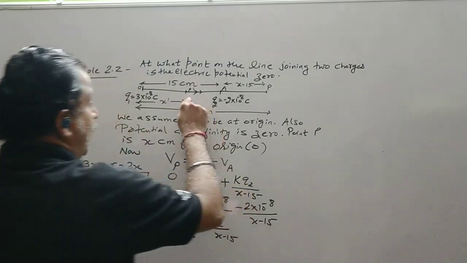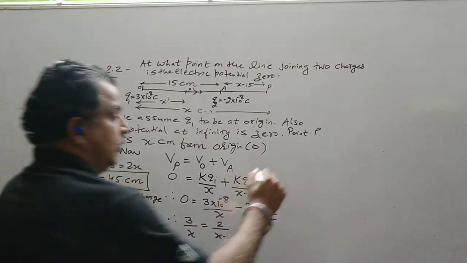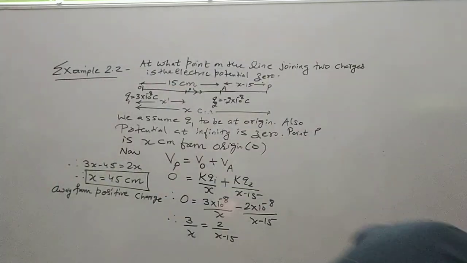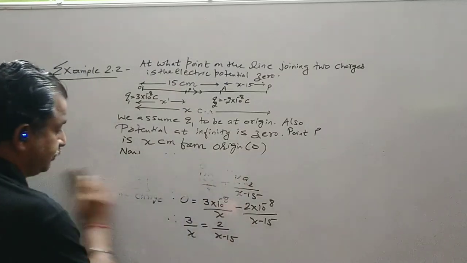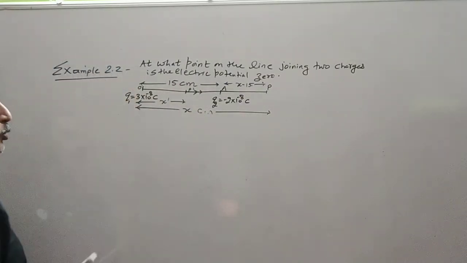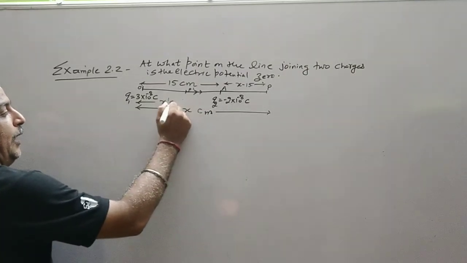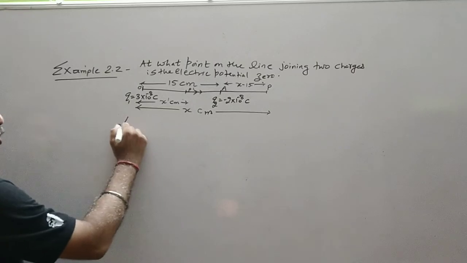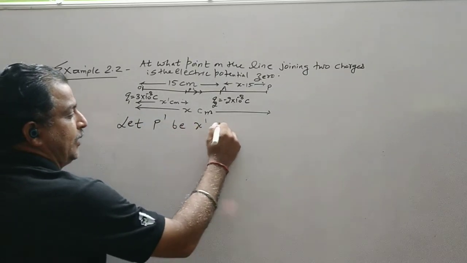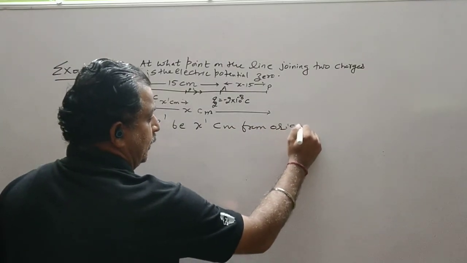So another point will be between these two charges. The first point is 45 centimeter from the positive charge, and now the new distance is X dash centimeter. So let P dash be X dash centimeter from the origin.